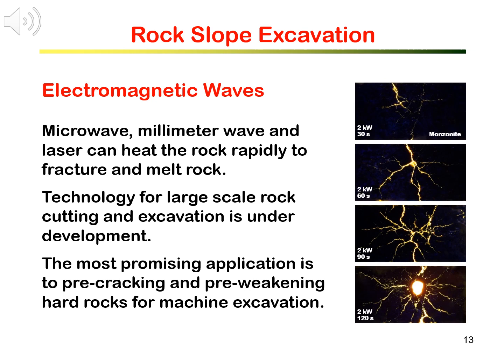Today, we can use microwave, millimeter wave, and laser to do the heating for us. They are all electromagnetic waves and can heat the rock rapidly to fracture and to melt the rocks.